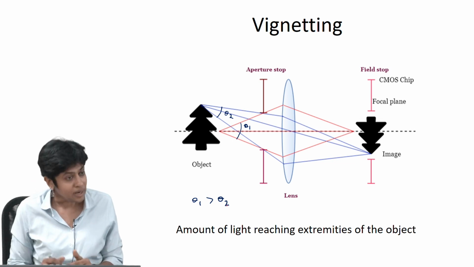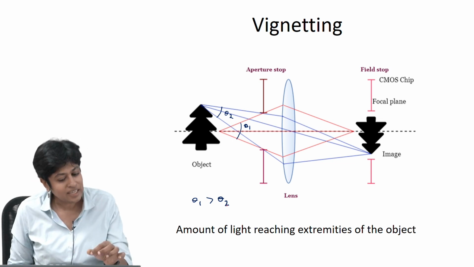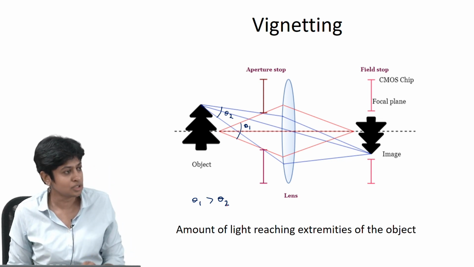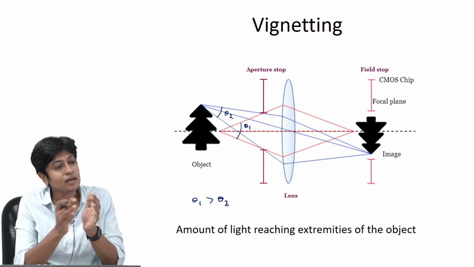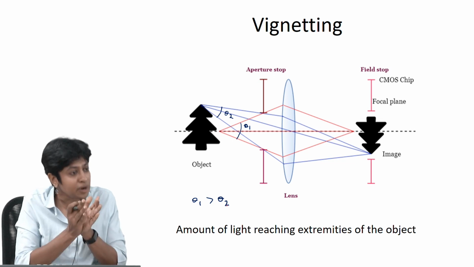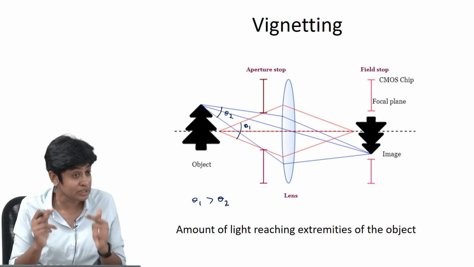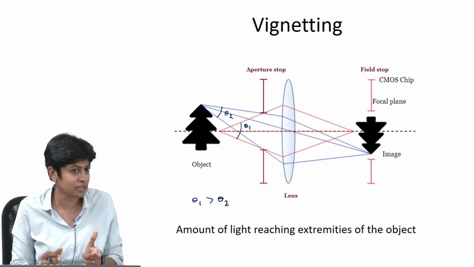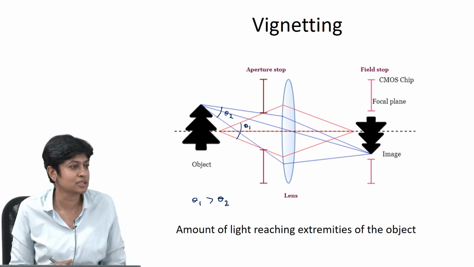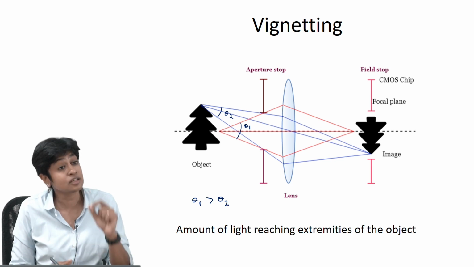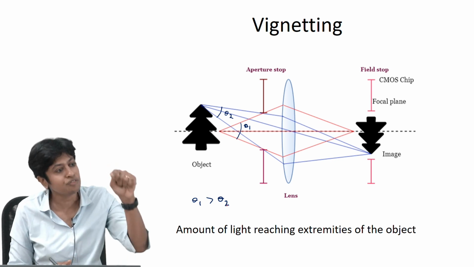For every point on this object, there is a cone of rays that reaches the image plane, and the aperture stop tells me what that cone is. The point to take away from this image is that that cone is different for every object point.